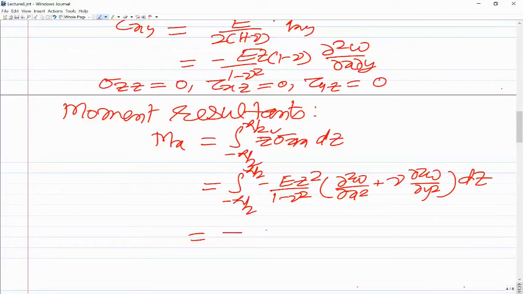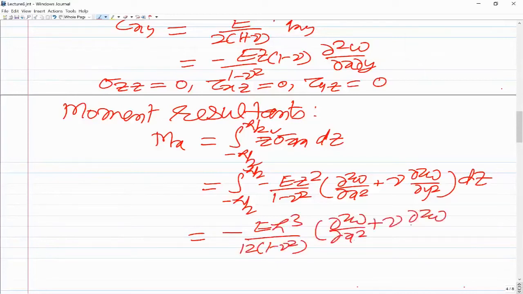So we can write this expression as E into h cube. The integration of z square is z cube by 3, and then you put the limits minus h by 2 and plus h by 2. So we'll get Eh cube upon 12 into 1 minus nu square into del 2w by del x square plus nu times del 2w by del y square.